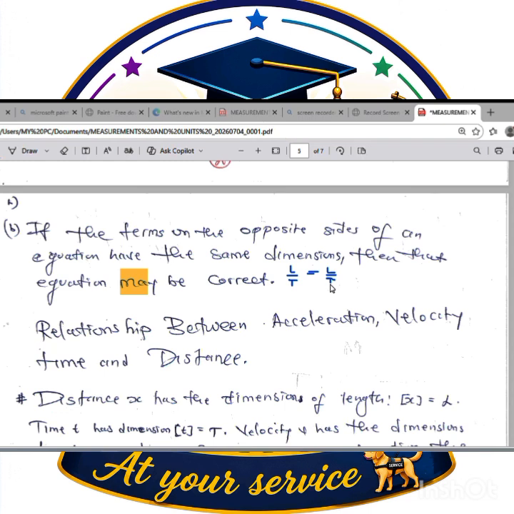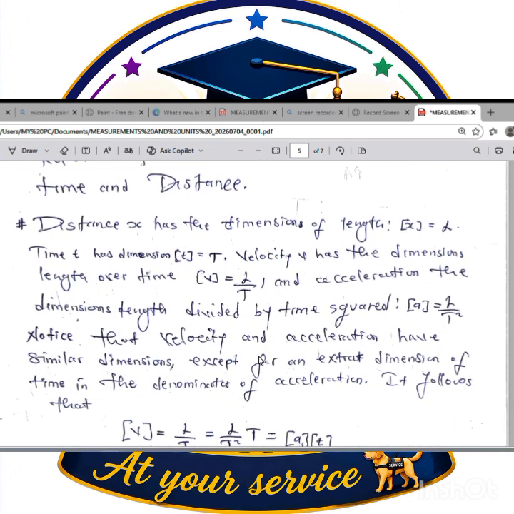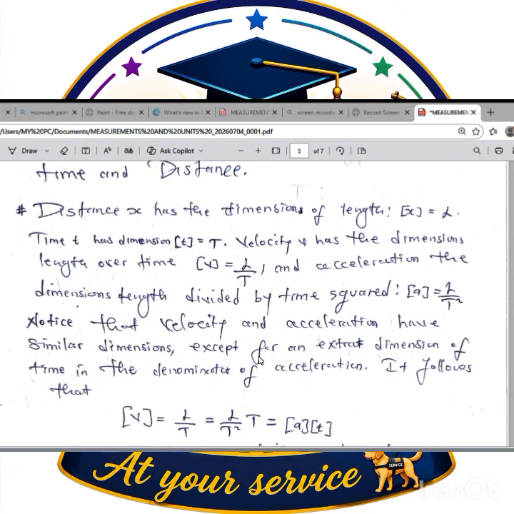Okay, so now let's look at the relationship between acceleration, velocity, time, as well as distance. Distance x has the dimensions of length, where x is equal to L. Time t has dimension T, and velocity v has the dimensions of length over time.